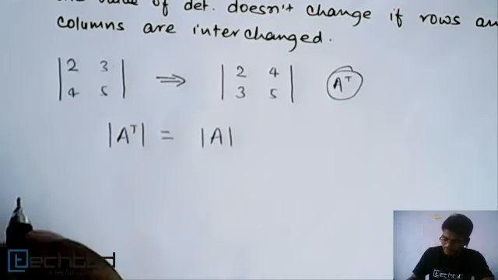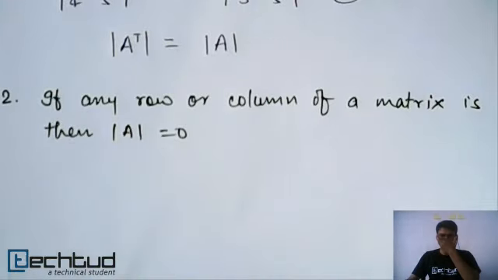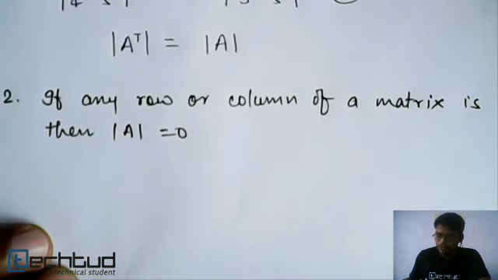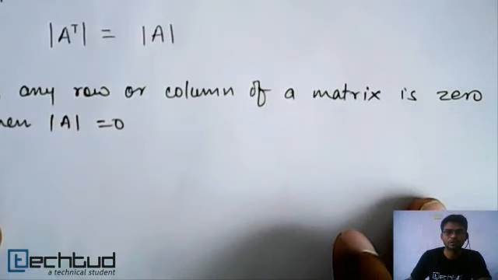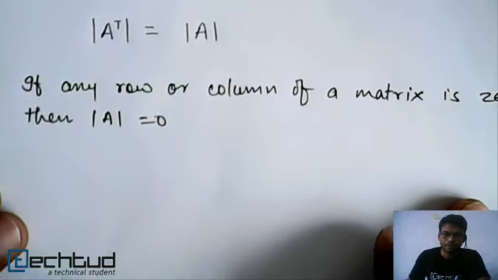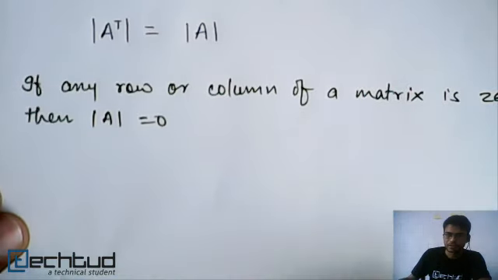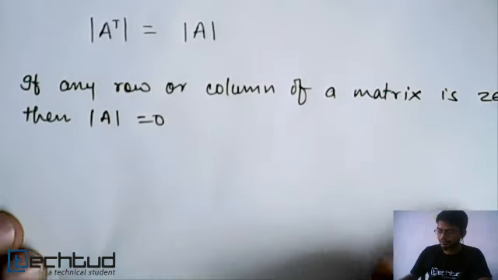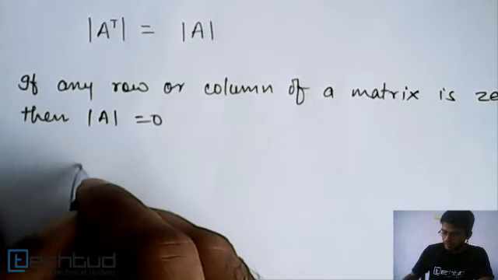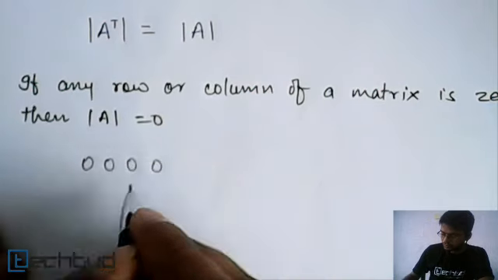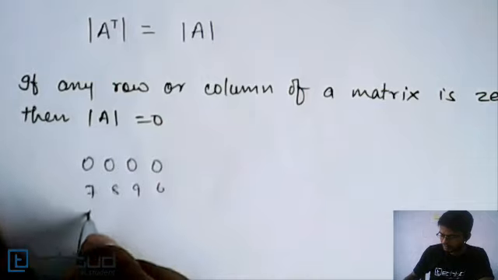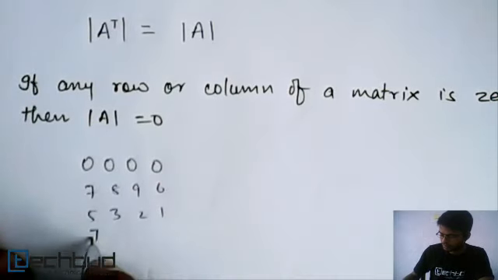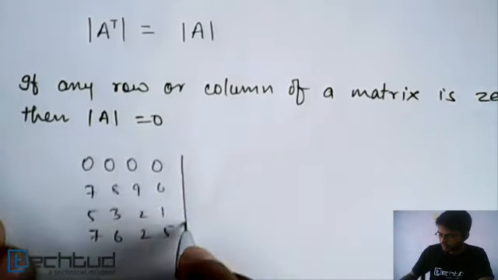Now let's understand the second property. If any row or column of a determinant is 0, then the determinant will be 0. For example, if it is 0 0 0 0 and then all other values like 7 8 9 6 5 3 2 1 7 6 2 5, something like this.